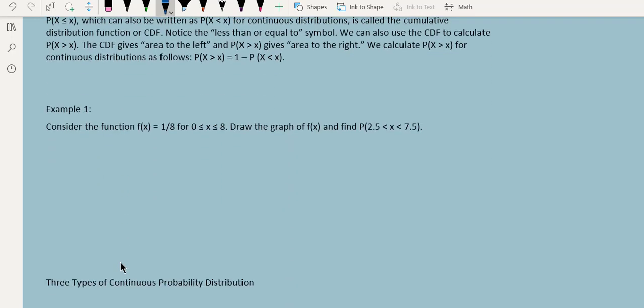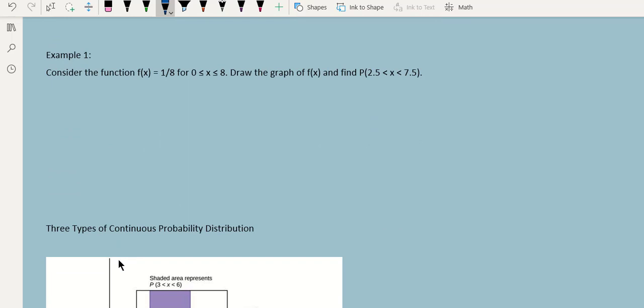Okay, so if I do an example really quickly, it says consider the function f of x equals 1/8 for 0 less than or equal to x less than or equal to 8. Draw the graph of f of x and then find the probability of x between 2.5 and 7.5. So I am looking at a graph that looks something like this.